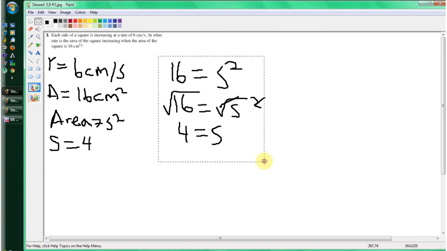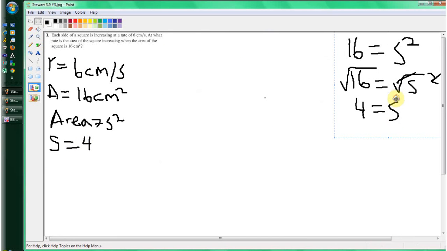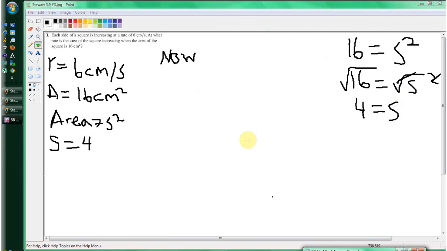Let's get rid of this. Okay, so now we have to find the rate at which the square is increasing. So we have the equation A equals side squared, and now we have to differentiate it.